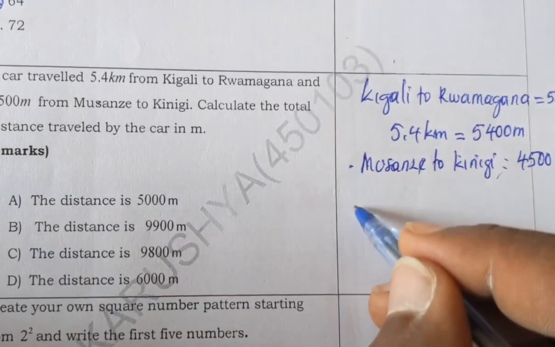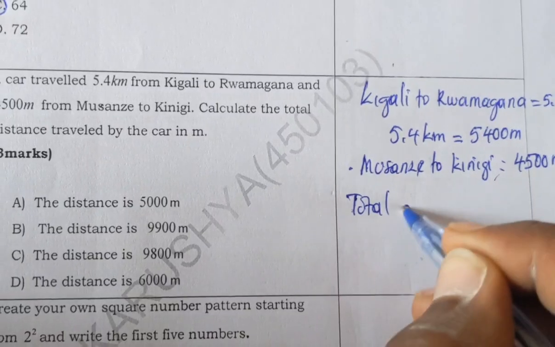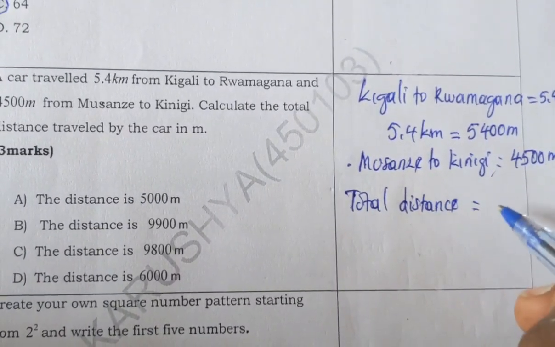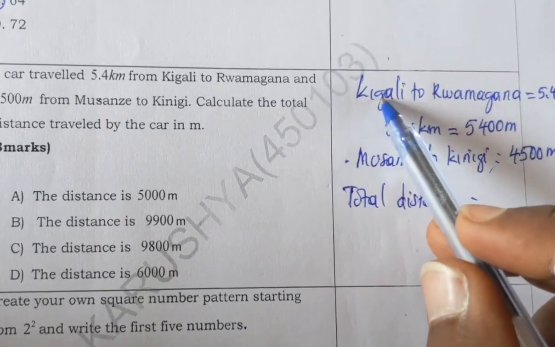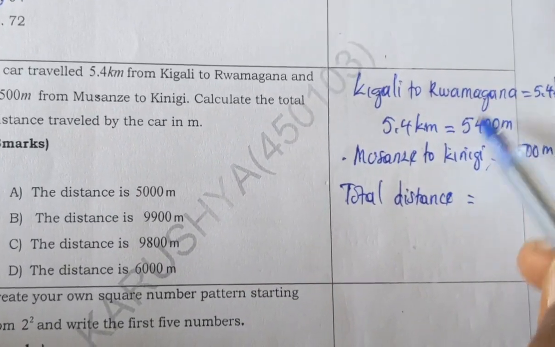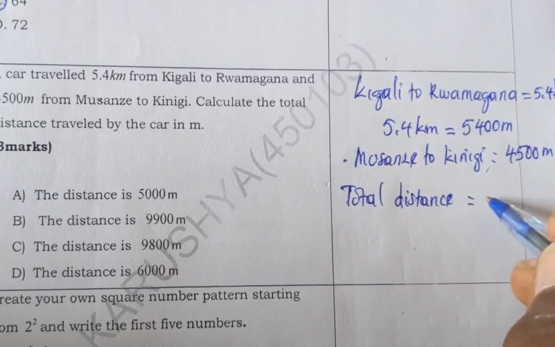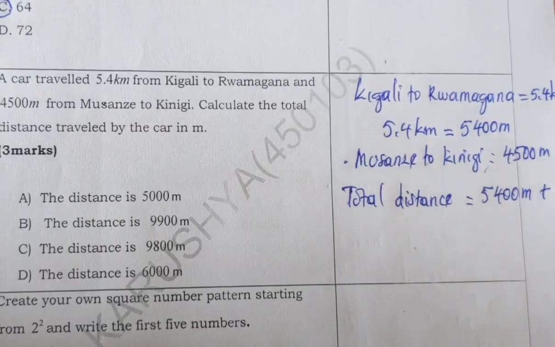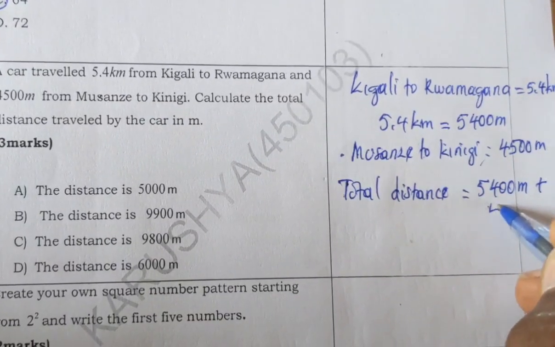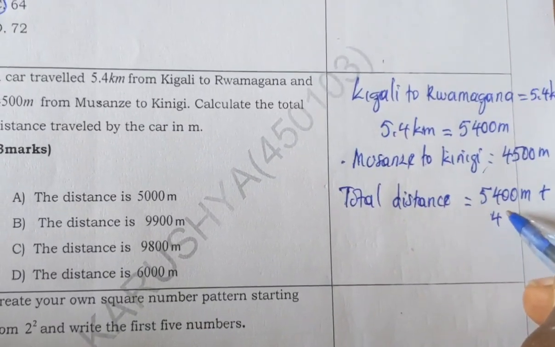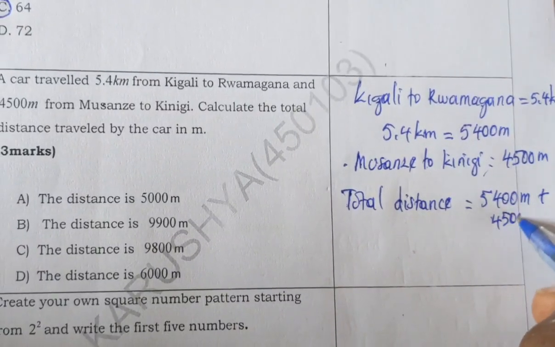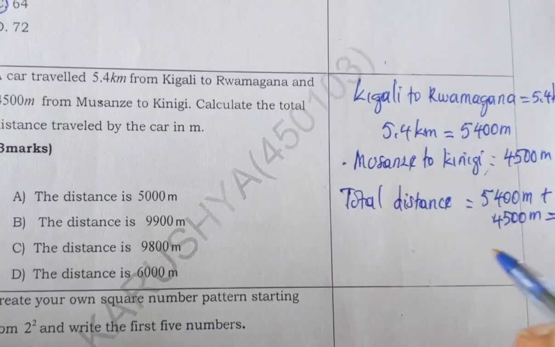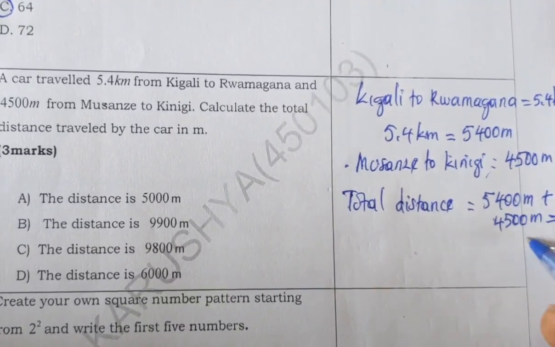To mean here, total distance is equal to the distance traveled from Kigali to Rwamagana added to Musanze to Kinigi, which will become 5,400 meters plus 4,500 meters. And then once we add them, 0 plus 0 is equal to 0.